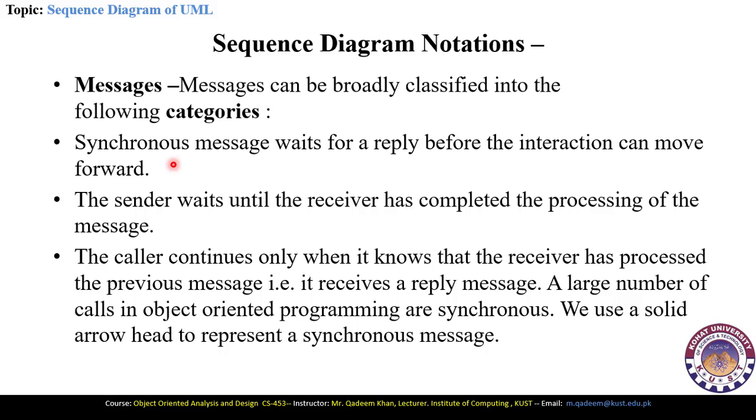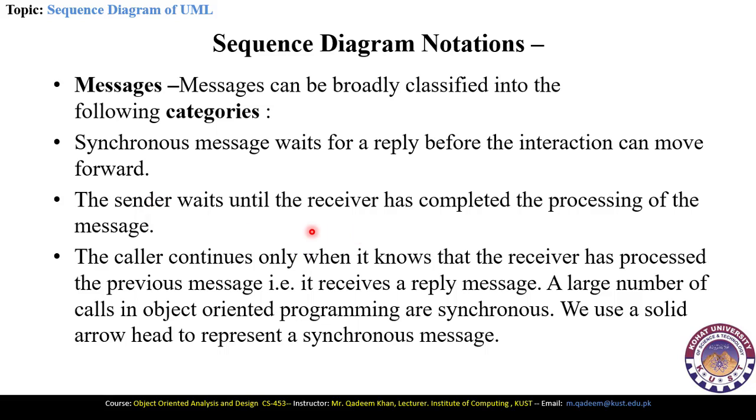As its name indicates, synchronous messages are those where the sender and receiver are synchronized. When the sender sends a message, the receiver receives it, and while the receiver processes the message, the sender will not send more messages. Only if the receiver is ready will the sender send the messages.